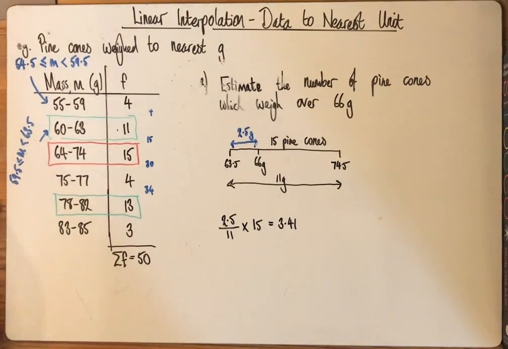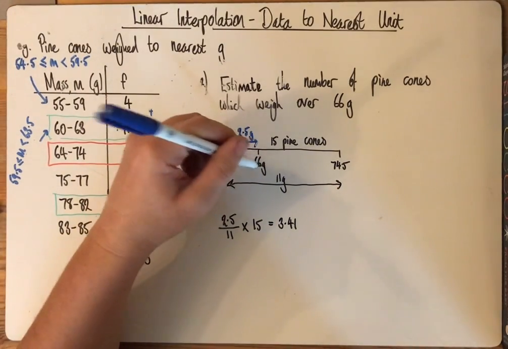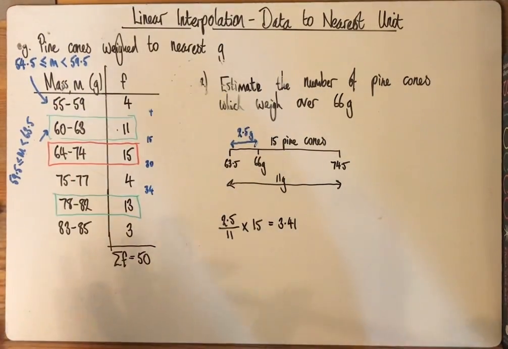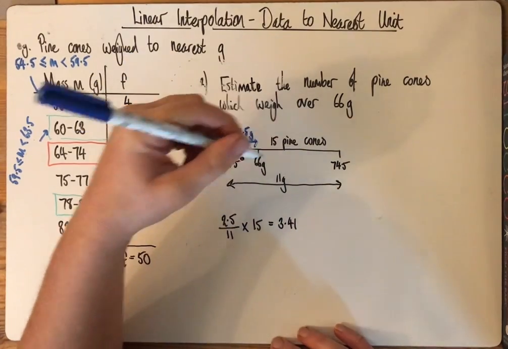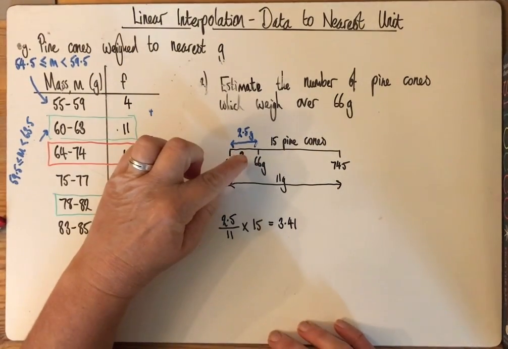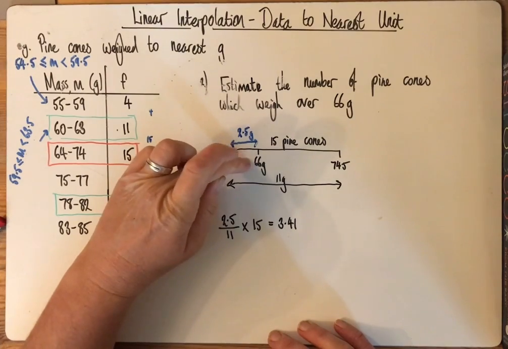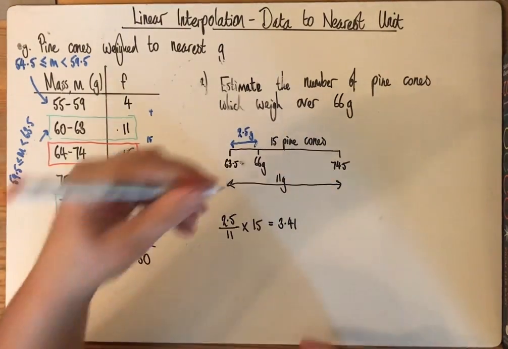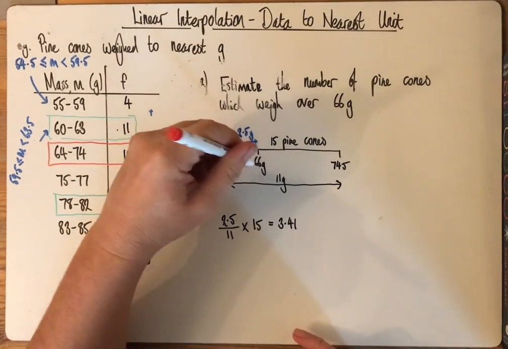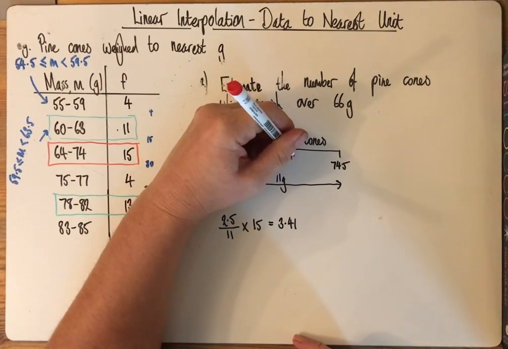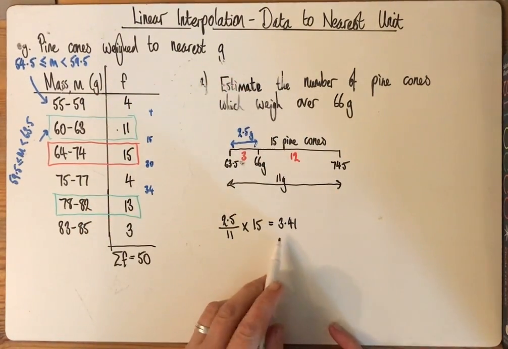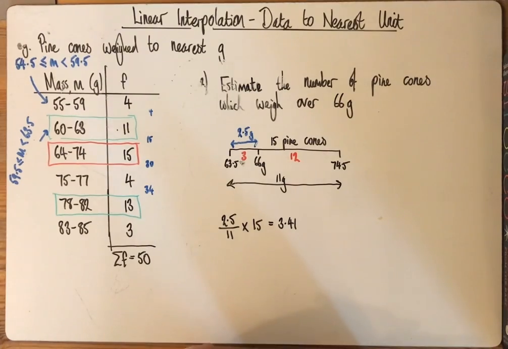So sitting to the left of 66 grams, if they're all evenly spaced, there's going to be 3 pine cones. I was going to do it in a different colour. There'll be 3 there. And then sitting to the right of 66 grams, there's going to be 12, because we're between 3 and 4 here.